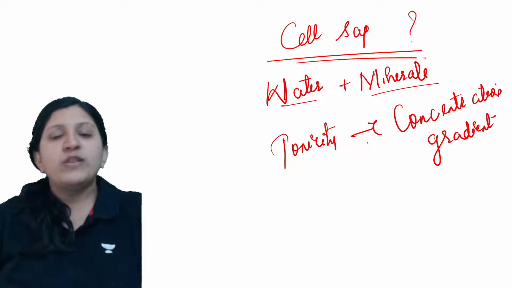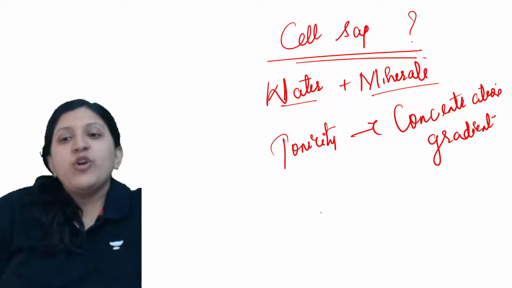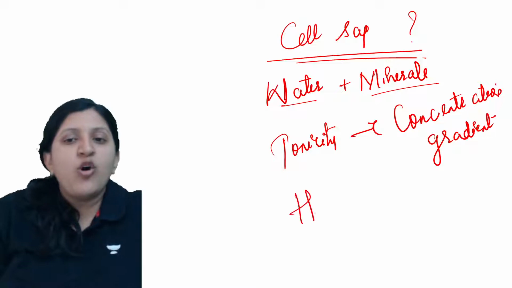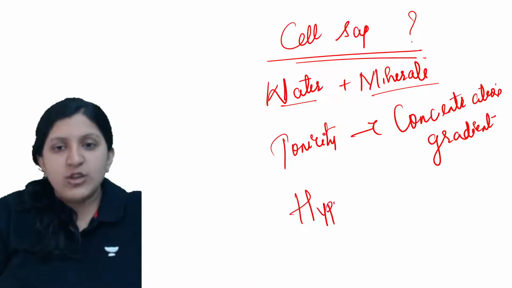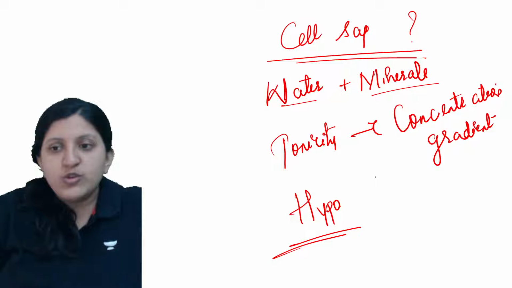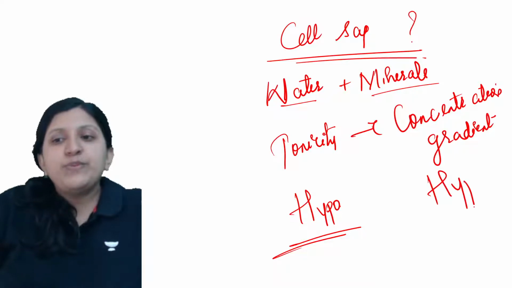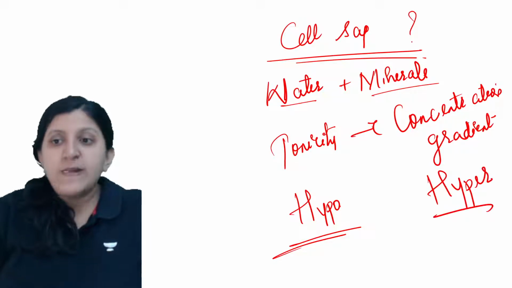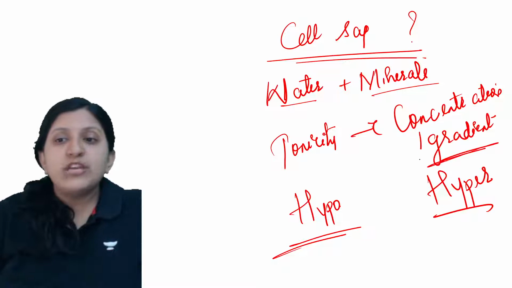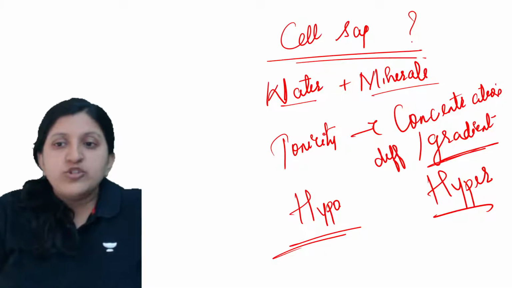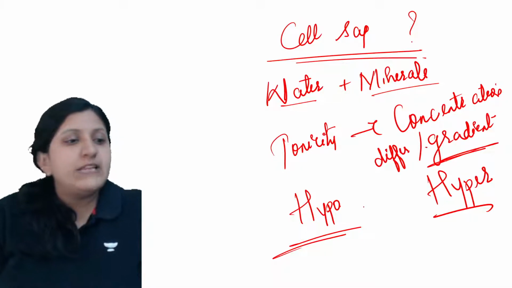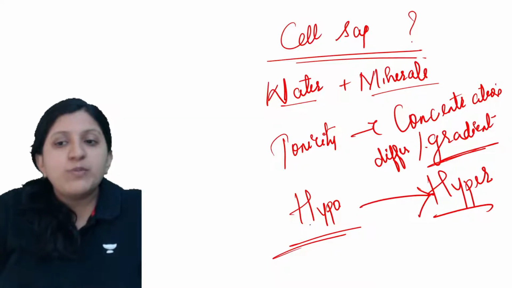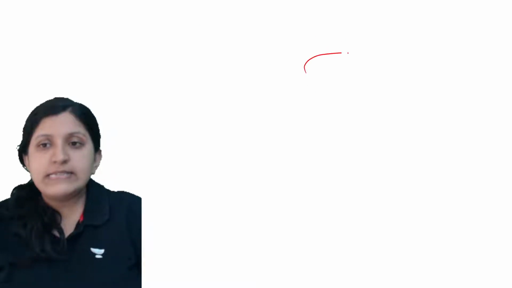If both concentrations are the same, there is no net movement. One side should be a hypotonic solution, which is a dilute solution, and the other a hypertonic solution. Only if a concentration difference is there can you see the movement of water from the hypotonic solution to the hypertonic. Now let's say this is a cell.